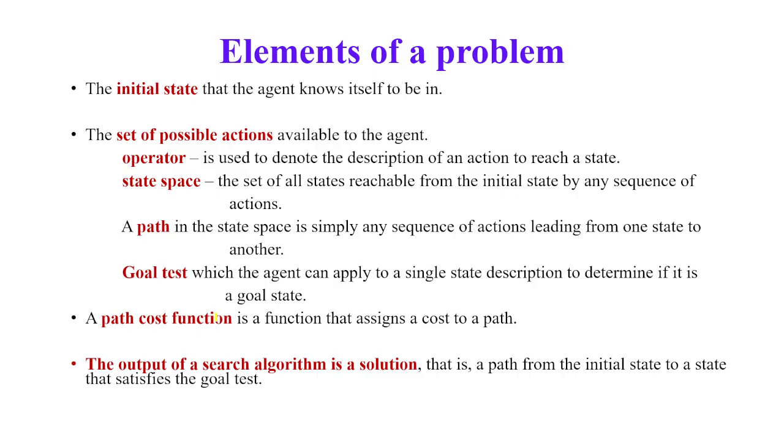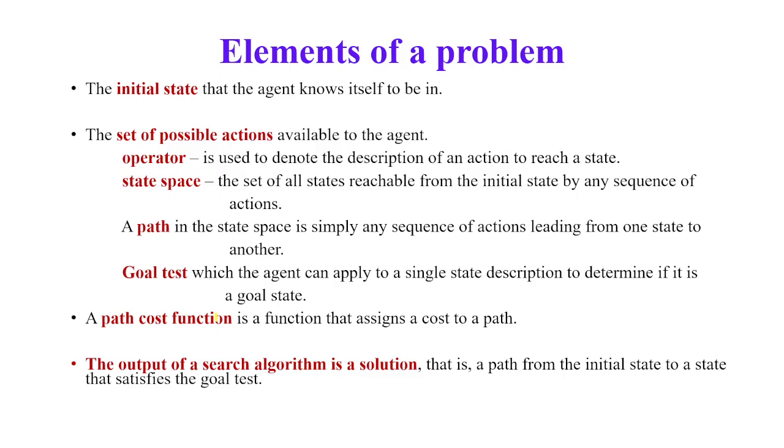In chess, what will be the goal? The goal test checks whether there is a checkmate or not. In a water jug problem, for example, it will check whether the 4-gallon jug exactly contains 2 gallons of water. So depending on the problem that we take, the goal test performs its function. Next, we'll talk about what is a path cost function.